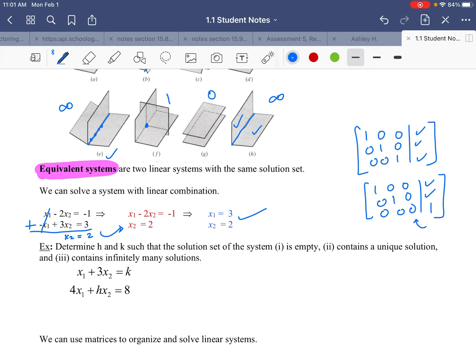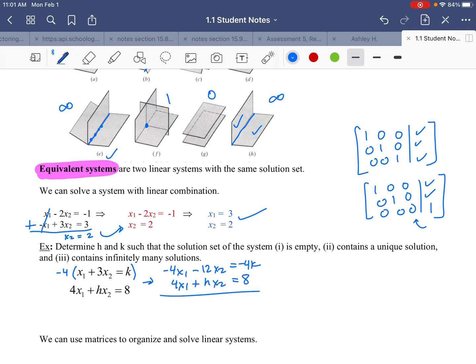All right, so this is going to be a generic scenario here because we have this k and this h right here. So let's see, I'm going to multiply the top by -4 to get rid of the x1s. So I have -4x1 minus 12x2 equals -4k. Then I have 4x1 plus hx2 equals 8.